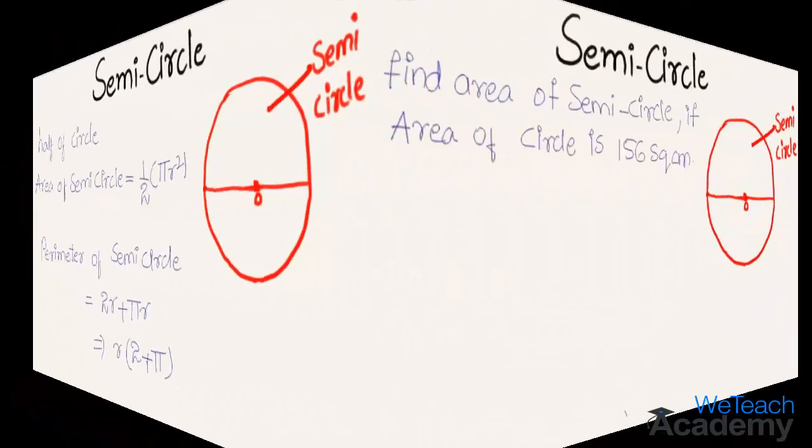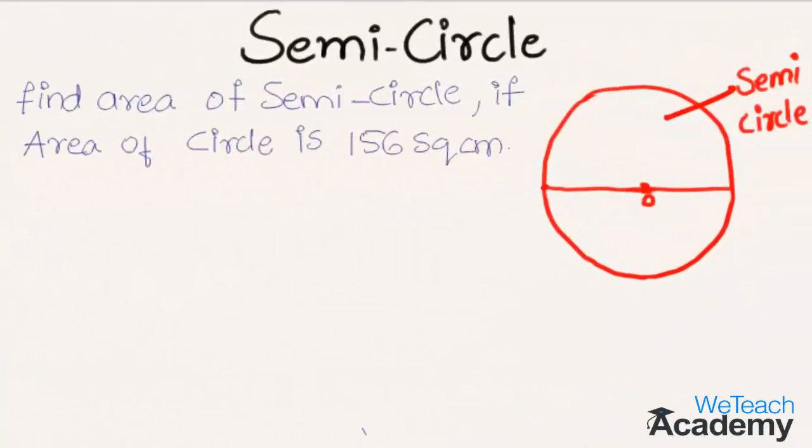Now let us proceed and try to solve an example using these formulas. The given example is to find the area of a semicircle if the area of the circle is 156 square centimeters. Here we are given the area of the circle, so we can write pi r square is equal to 156 centimeters square.